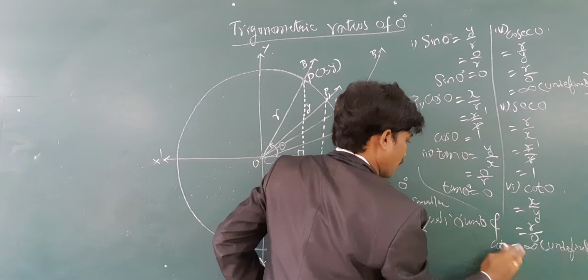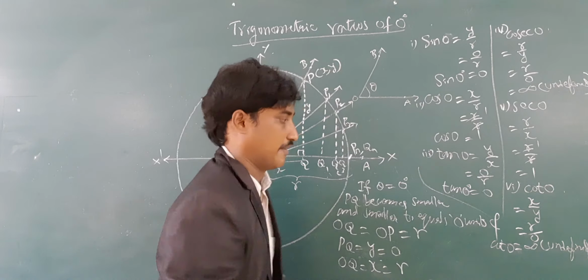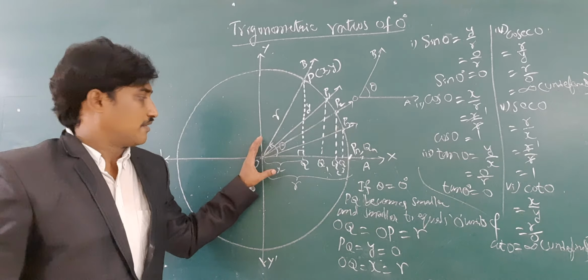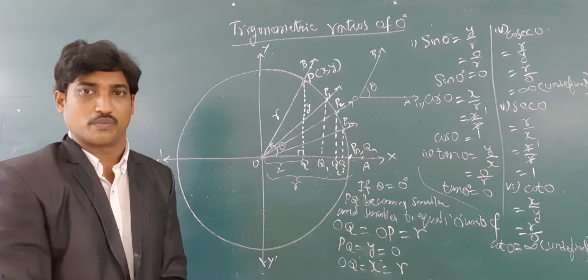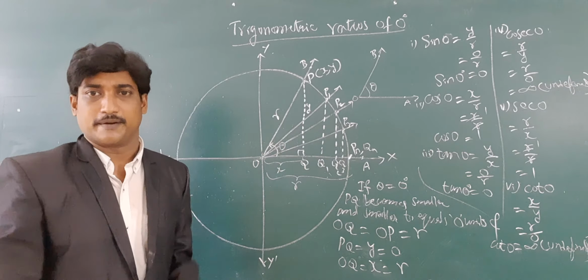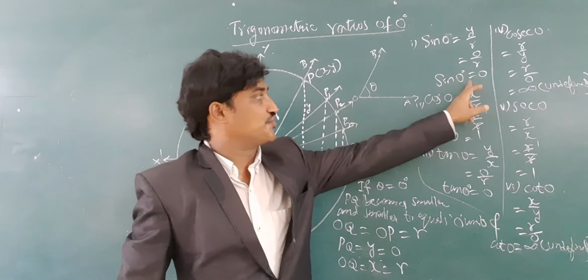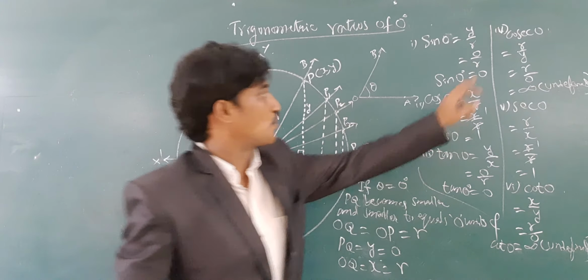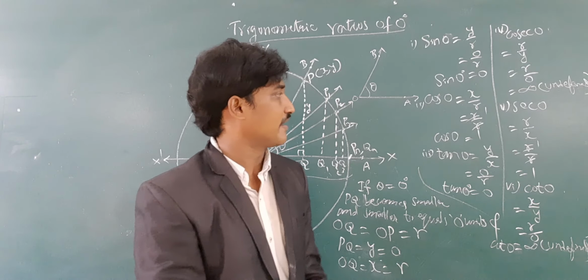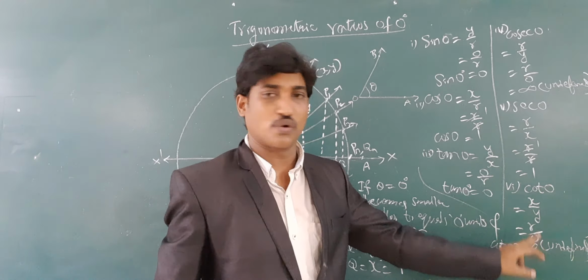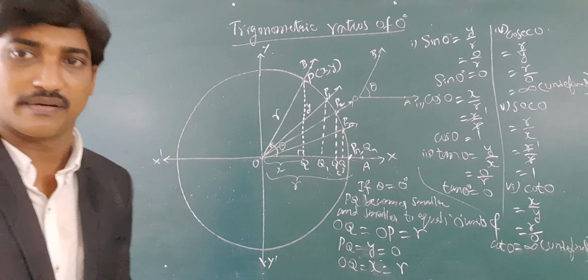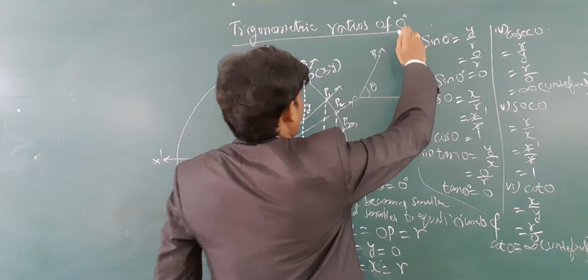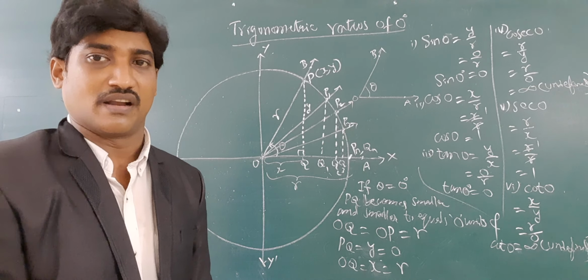So cot 0 is undefined. Finally, in case of theta equals 0 radian: sin 0 is 0, cos 0 is 1, tan 0 is 0, cosecant 0 is infinite, undefined, secant 0 is 1, cot 0 is infinite, undefined. These are the trigonometric ratios when the measure of the angle is 0.